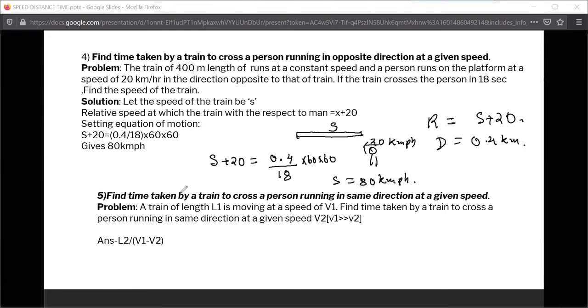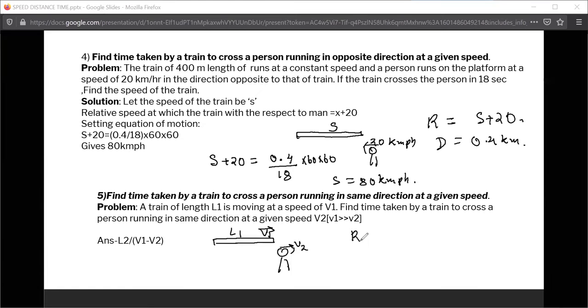Fifth case, find the time taken by a train to cross a person running in the same direction at a given speed. So let this train of length L1 move with speed V1 in this direction. There is a man moving in this direction with speed V2.